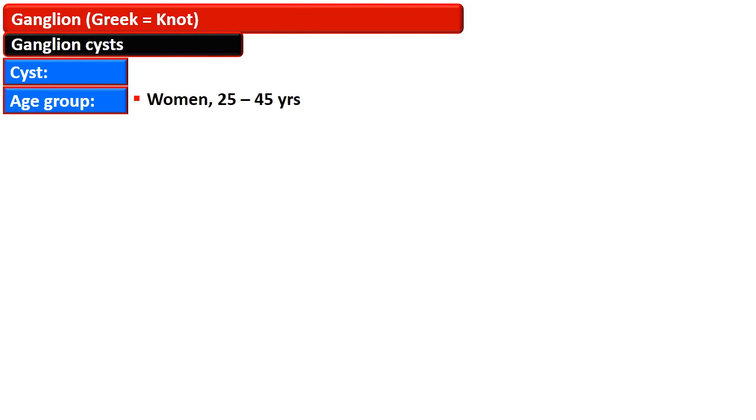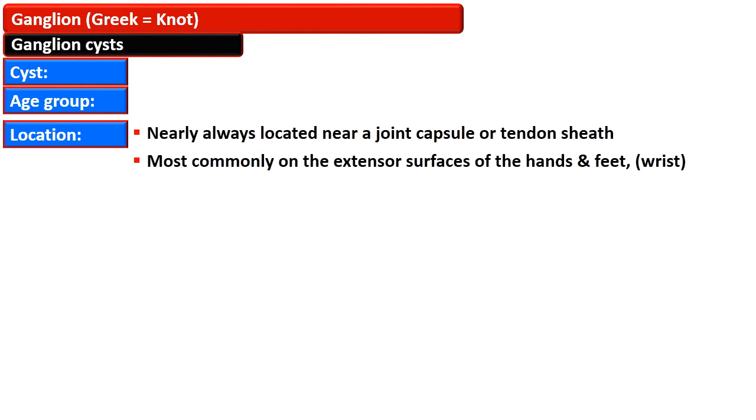It is common in women between the age of 25 to 45 years, and it is nearly always located near a joint capsule or tendon sheath, most commonly on the extensor surface of the hands and feet.